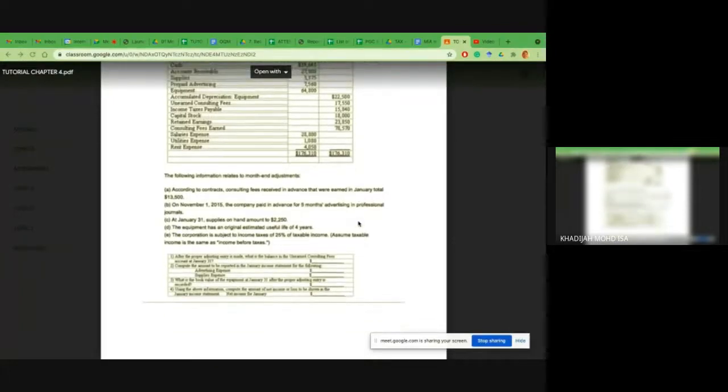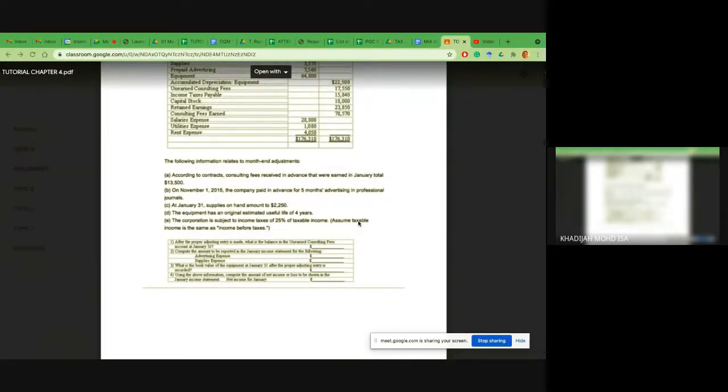Then you have all these month-end adjustments: consulting fees received in advance that were earned in January, the company paid in advance for 5 months of advertising in professional journals, supplies amount to 2,250, and equipment has an original estimated useful life of 4 years, and the corporation is subject to income tax of 25%.